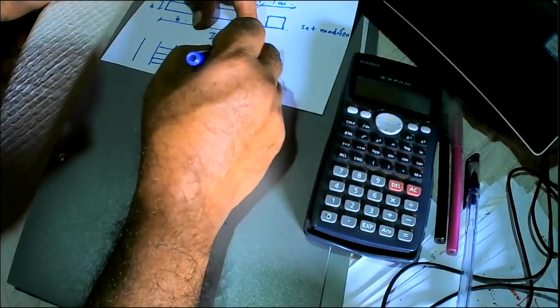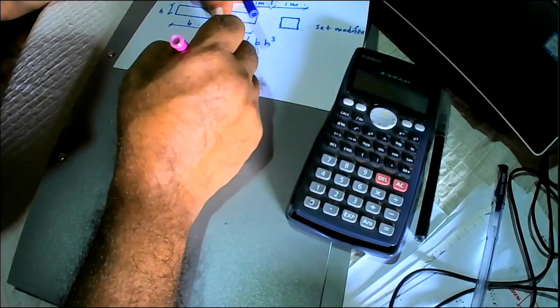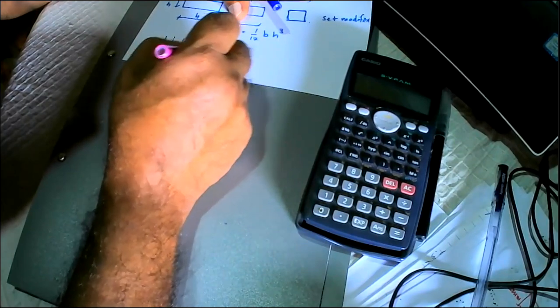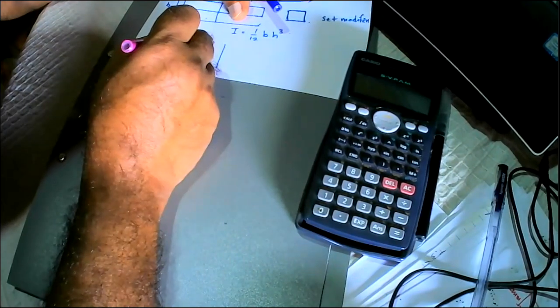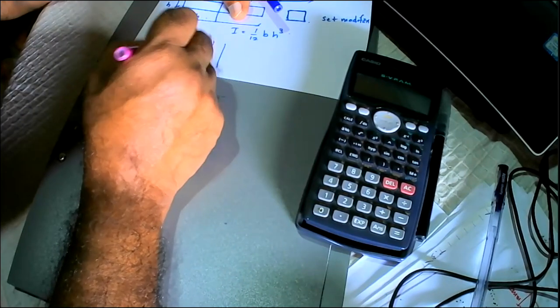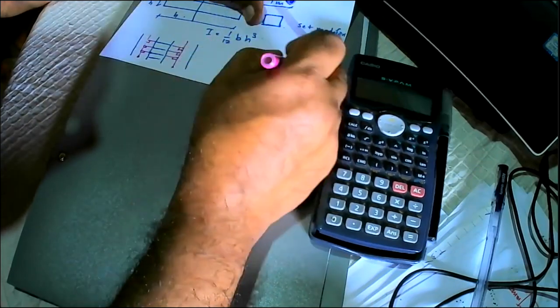So if you want, you can say there is a column here, there's another column here, and it has a rigid arm at the level. And then your model will be something like this.